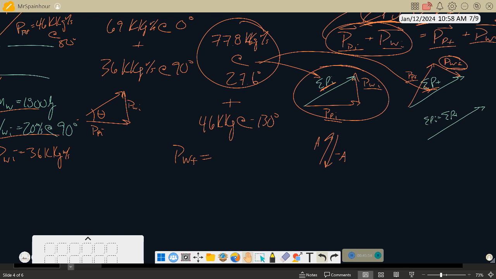But let's see here. Help me out real quick. What was momentum of Prius initial? 69 at 0 degrees, right? Yeah. And 36 was the Wrangler, right? Yeah. Okay.